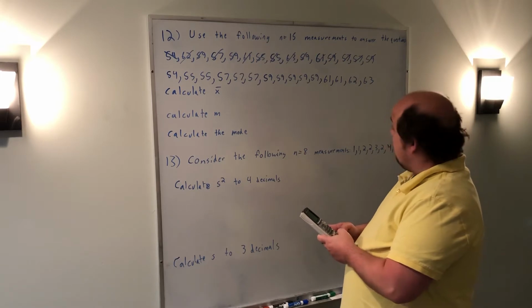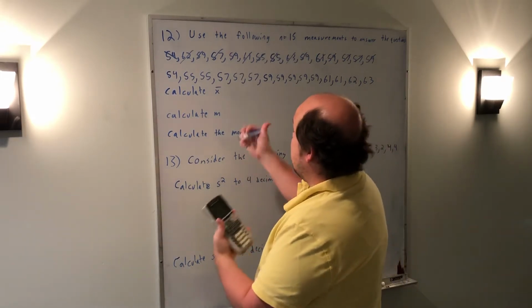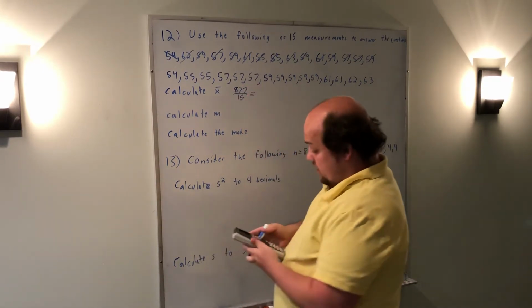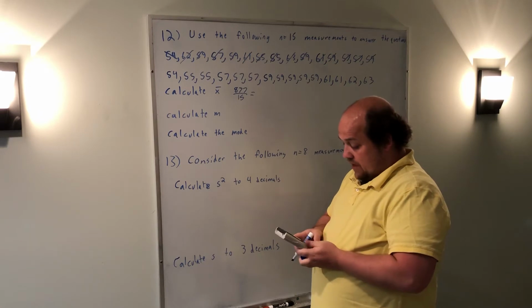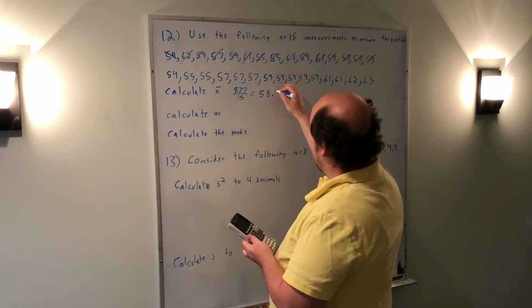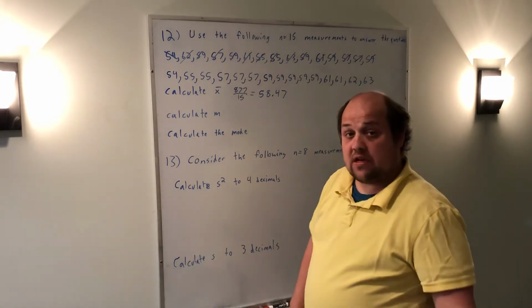When I add that all up, I get a total of 877. I'm going to take that 877 total, divide by the 15 data points that I had. When I divide that by 15, I get 58.4666 repeating.